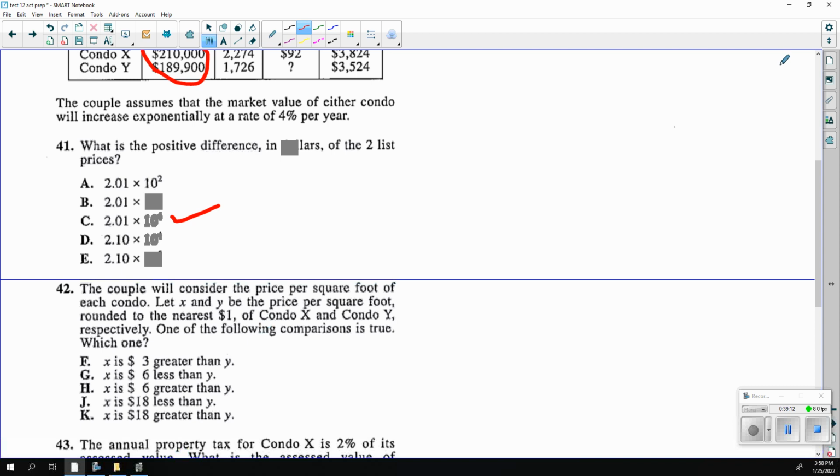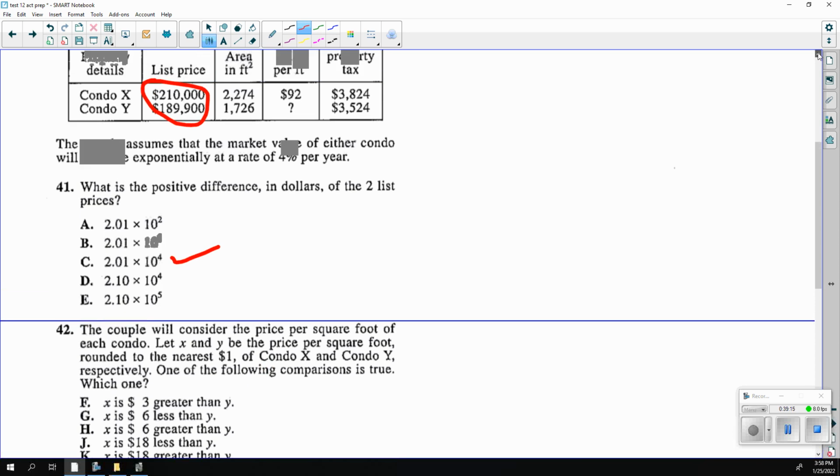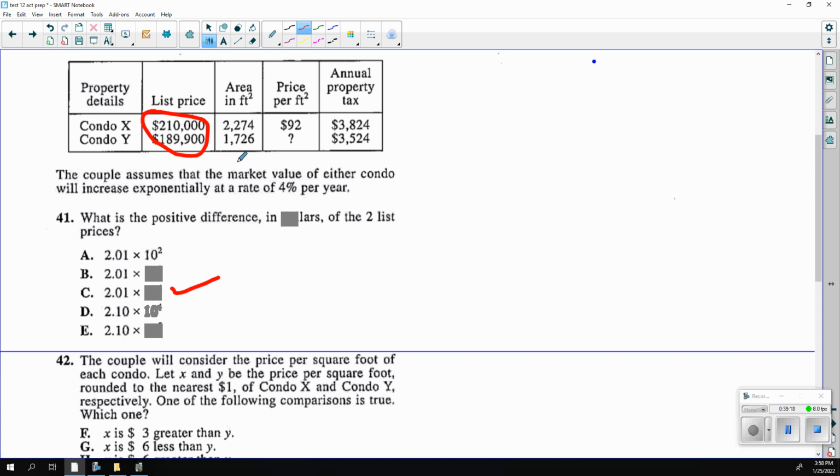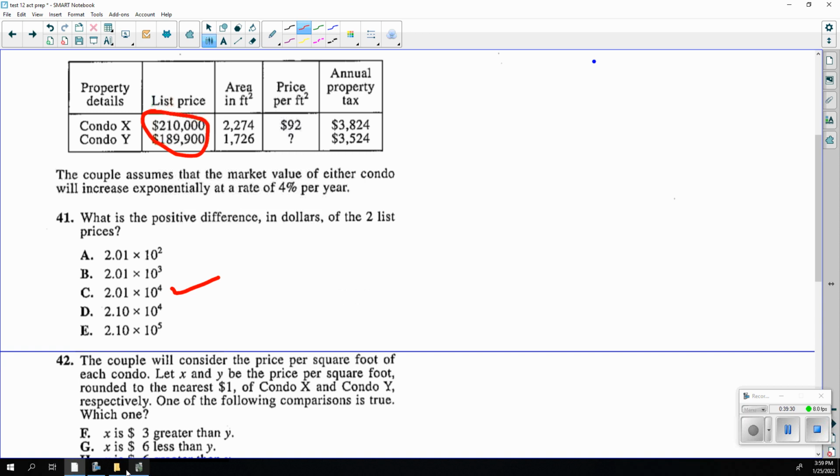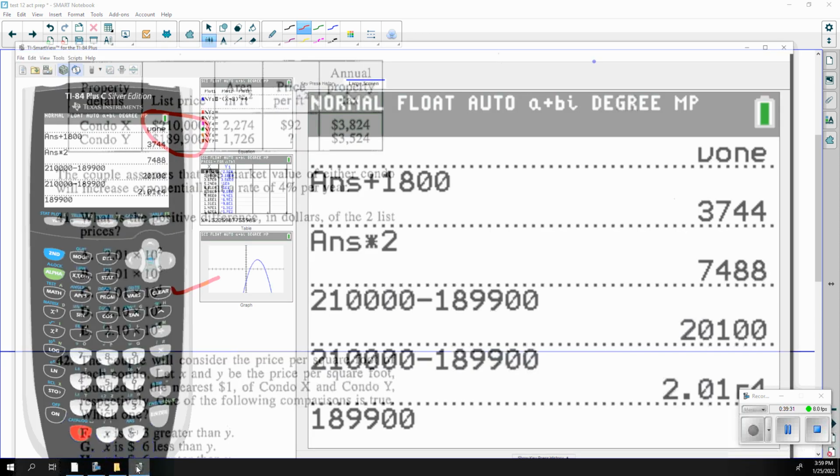Price per square foot, well, we have it here as 92. For the other one, you got to divide 1,899,900 by the number of feet, which is 1726.